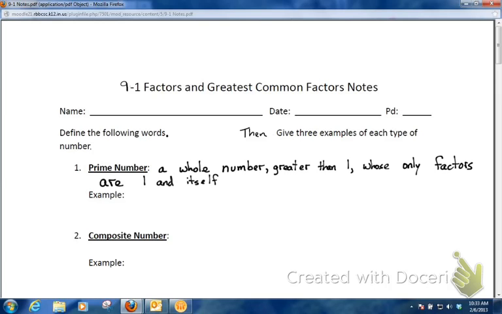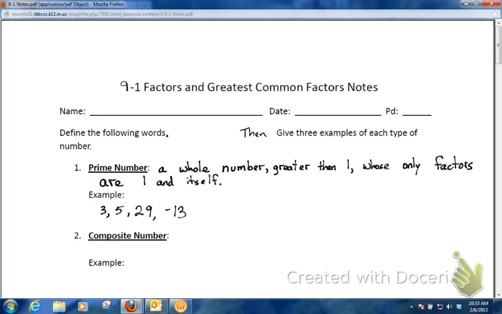So some examples of what a prime number would be: a number like 3, because the only factors of 3 are 1 and 3. 1 times 3 is the only thing that makes 3. 5, same thing. 1 times 5, the only thing that makes 5. 29, 1 times 29, nothing else can multiply to make 29, no other whole numbers. And negative numbers are included in this too, so negative 13, negative 1 and 13, so 1 and negative 13. So those are prime numbers, a whole number greater than 1 whose only factors are 1 and itself.